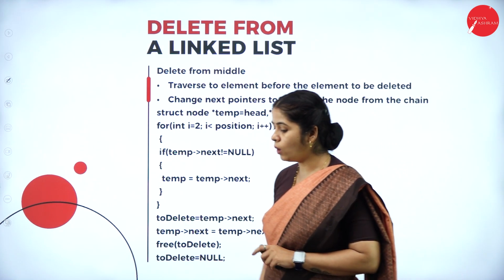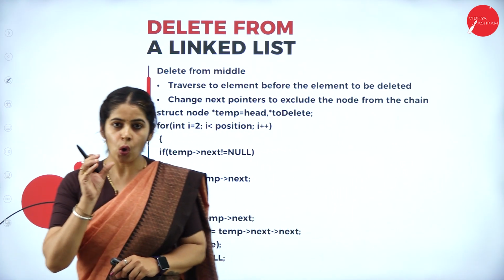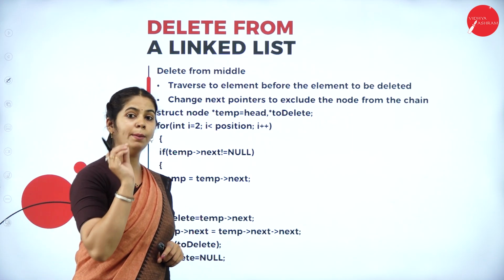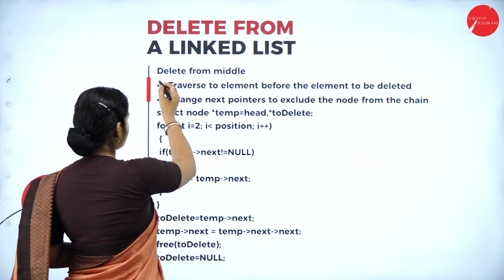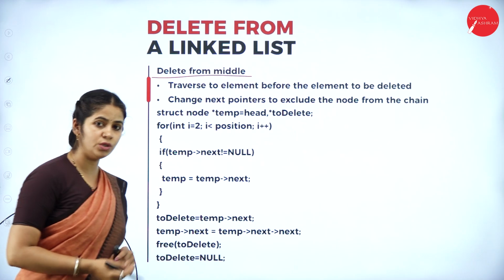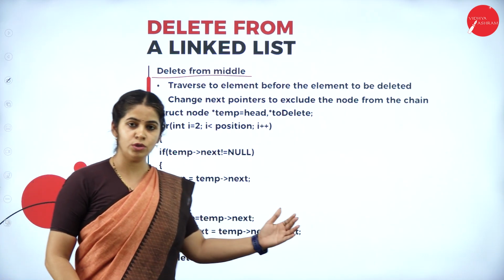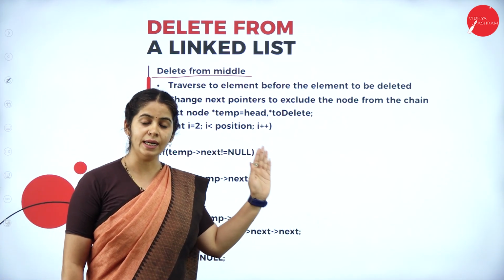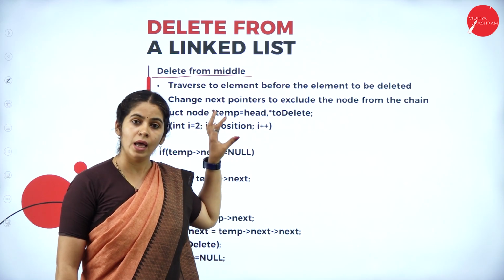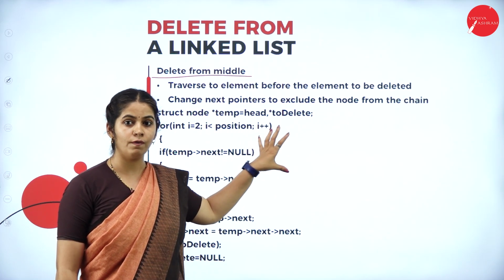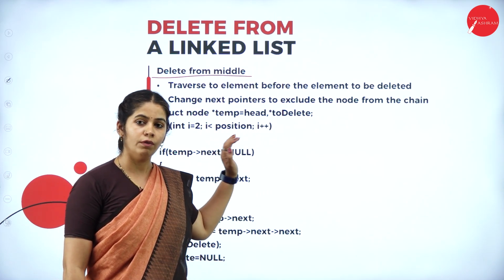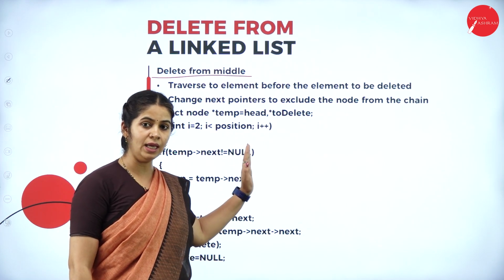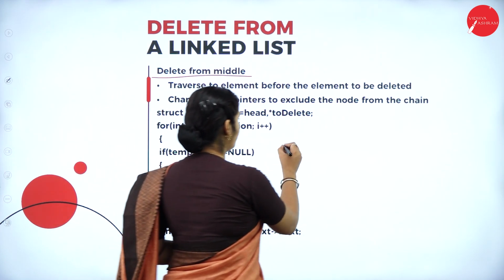Now let us see how to delete a node in the middle or at a particular position. What is the procedure we have to follow? Same procedure: we have to traverse until we reach the required position from where we have to delete. We have to stop just before it.